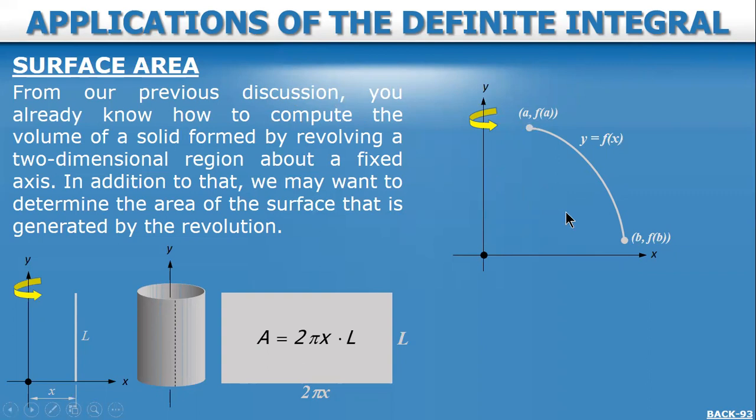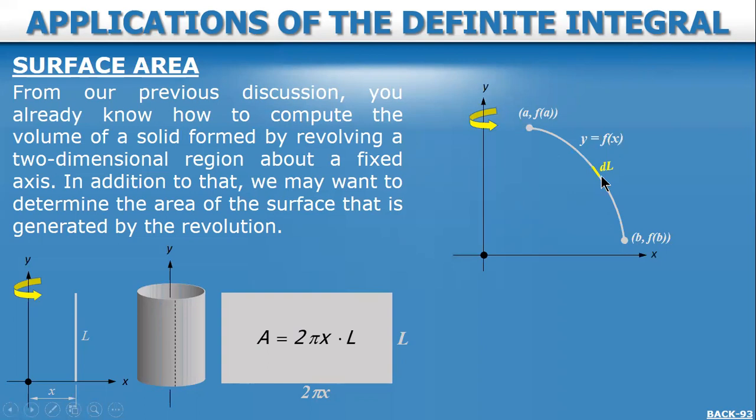So what we will do is, instead of revolving the whole arc, we will just consider a small strip, dL. That small strip is what we revolve about y.